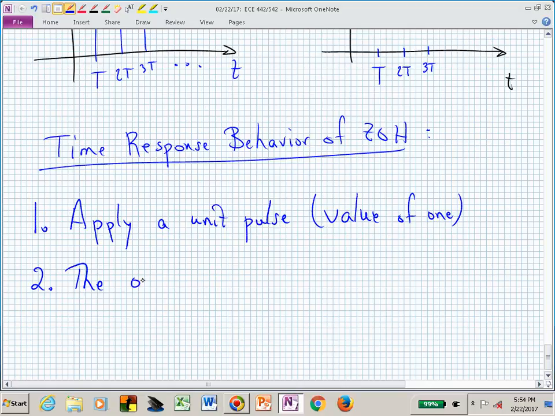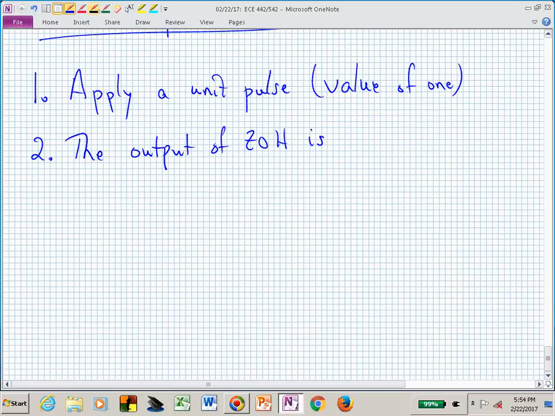So now the output of the zero order hold as a function of time, let's say this is the unit pulse response of our zero order hold, just like we might have an impulse response. Now we have a unit pulse response of our zero order hold, and that we will call G sub ZOH of t. What does that look like as a waveform or as a function of time?